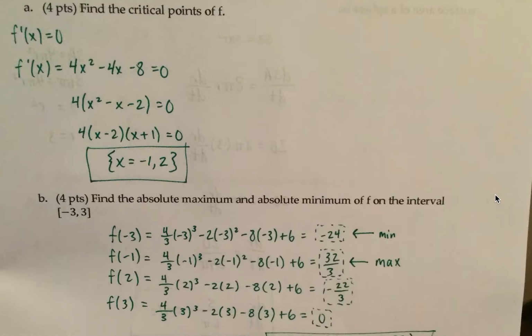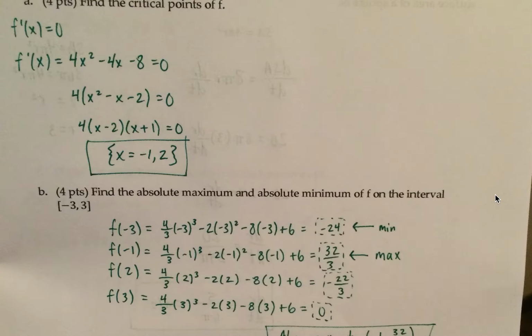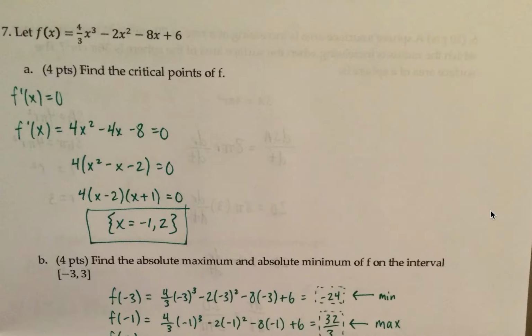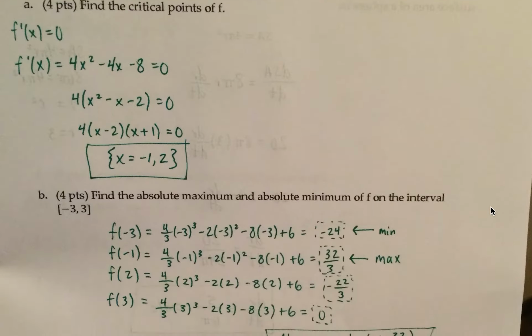Find the absolute maximum and absolute minimum of f on the interval -3 to 3. So what we're going to do is, the absolute maximum and minimum can only occur either at the endpoints, so maybe they're whatever f of -3 is, or f of 3, maybe those are the maxes or mins. The only other places the max or mins can occur are at the critical points.